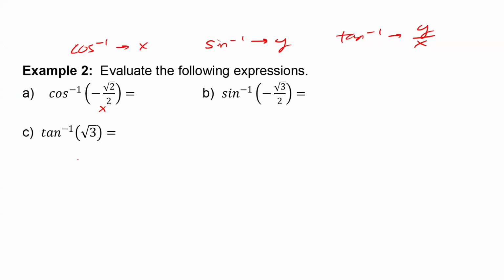So looking in quadrants 2 and 3, when do I have an x coordinate that is negative square root of 2 over 2 in those two quadrants? So again, we're looking in quadrant 2 and quadrant 3, and that's going to be what? Your x value being negative square root of 2 over 2. Let me open up my unit circle so we can look at it together.